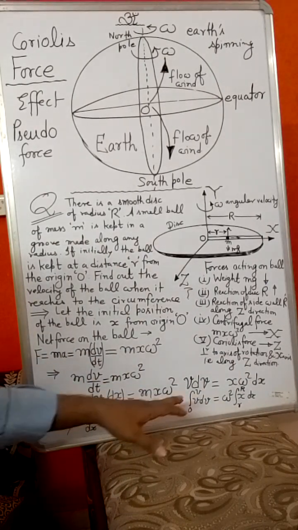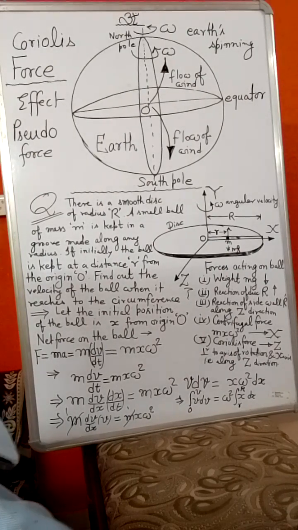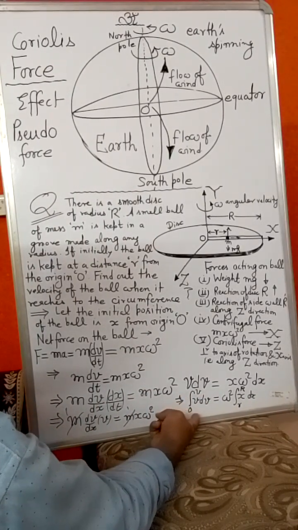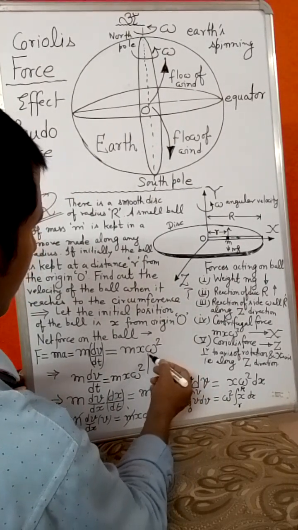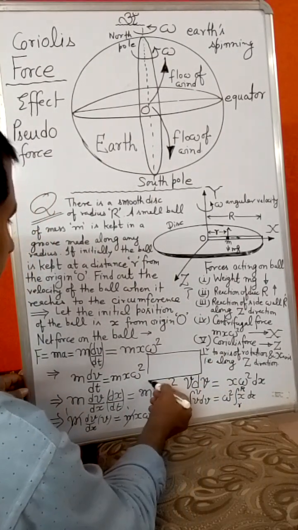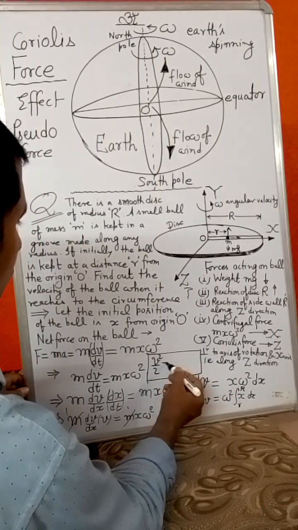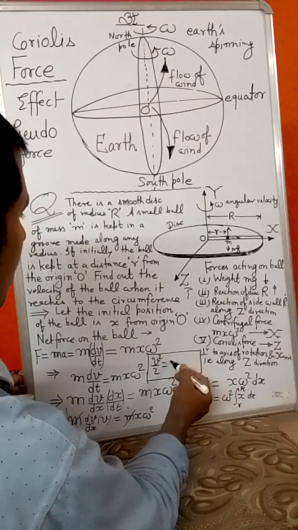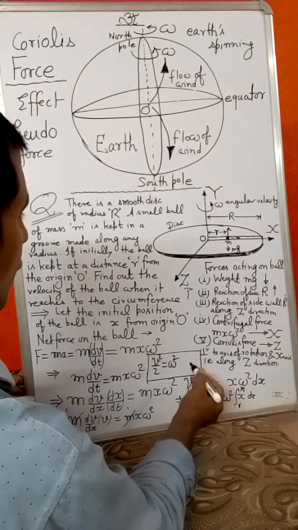Now we need to solve this equation, and we can simply solve it. The integral of v dv is simplified and written as v square by 2. That is equal to omega square, which has come out of the integral because it is a constant, times x square by 2.